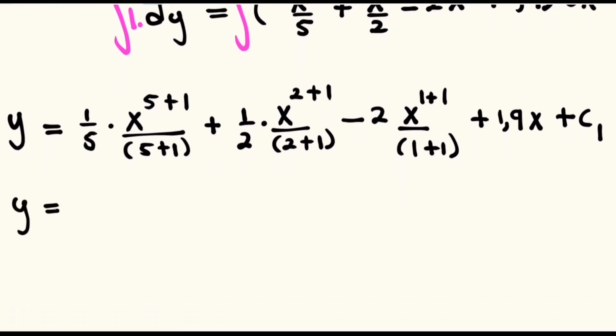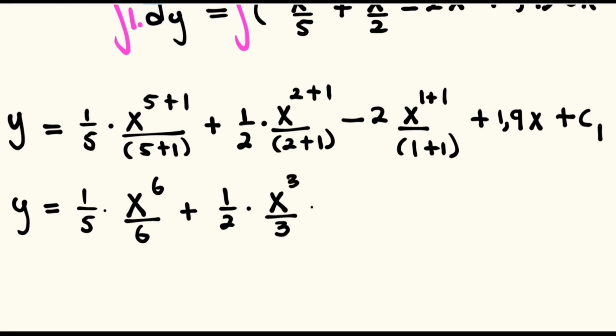Let's try to simplify. Y will be equals to 1 over 5 multiplied by x raised to the power 6 divided by 6 plus 1 over 2 multiplied by x raised to the power 3 divided by 3 minus 2 multiplied by x raised to the power 2 divided by 2 plus 1.9x plus c1.